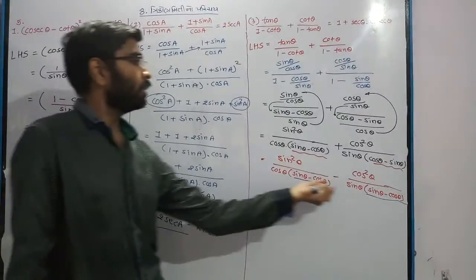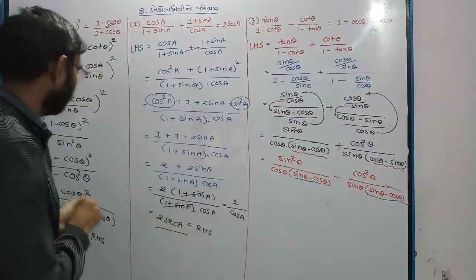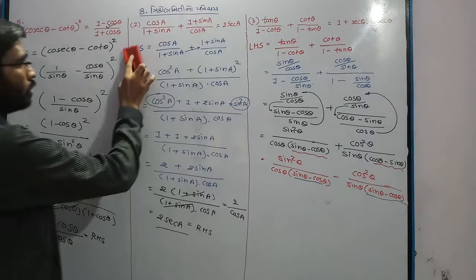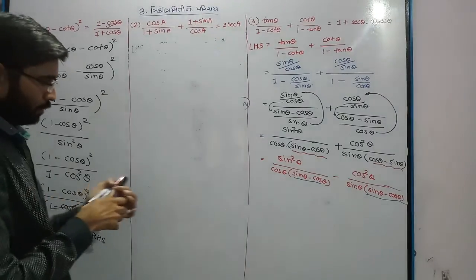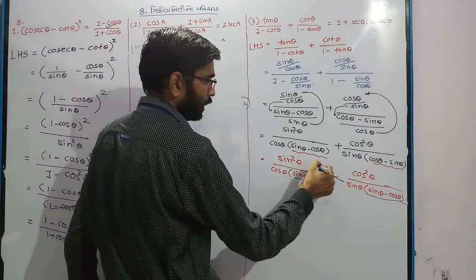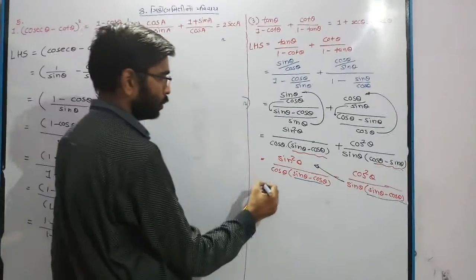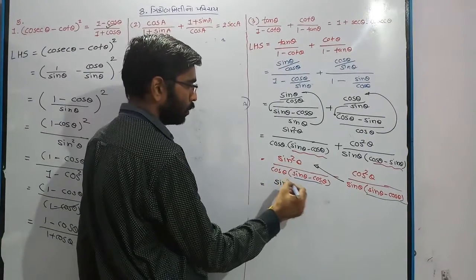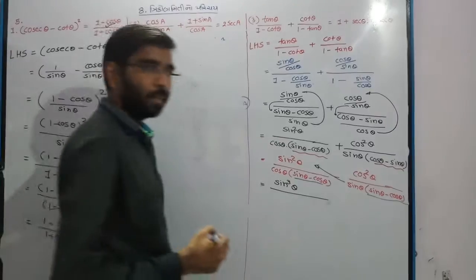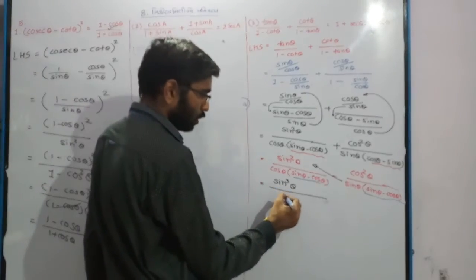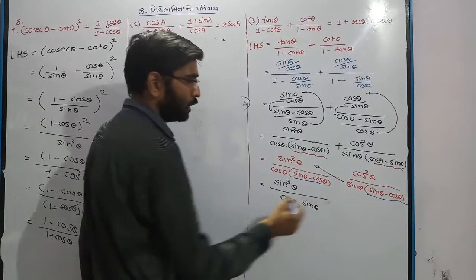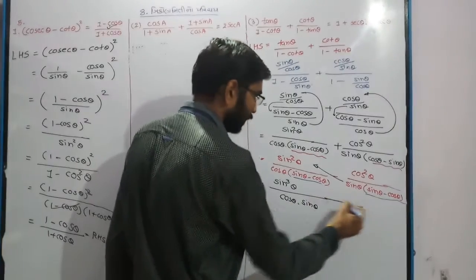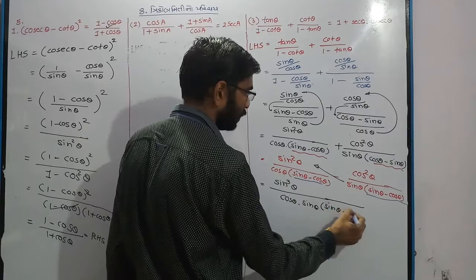Now the only different terms are sin and cos, so we find the LCM of these two terms. Sin multiplied with sin square gives sin cube theta. In the division, cos theta multiplied with sin theta, and in the bracket sin theta minus cos theta.